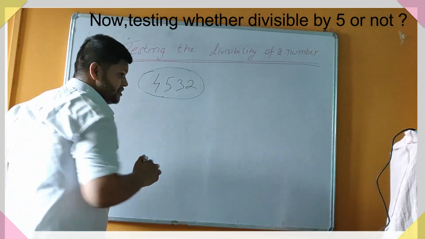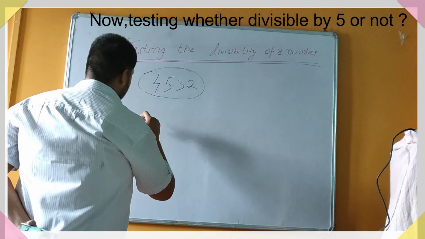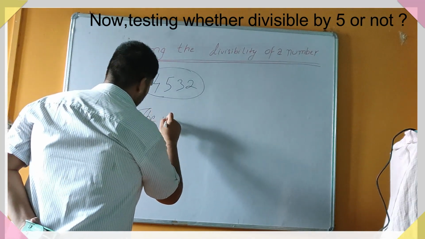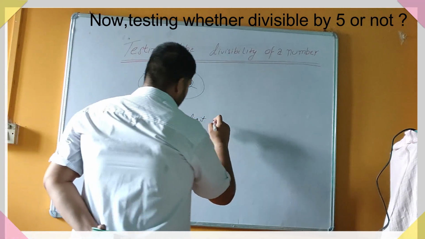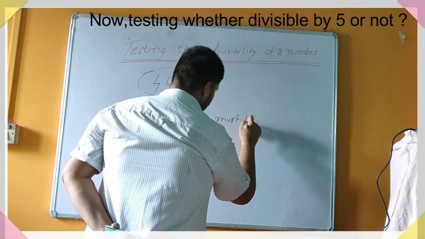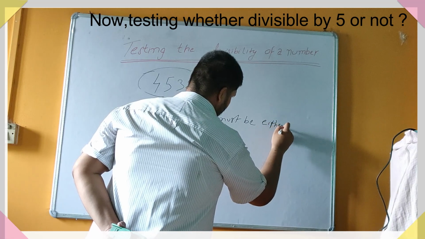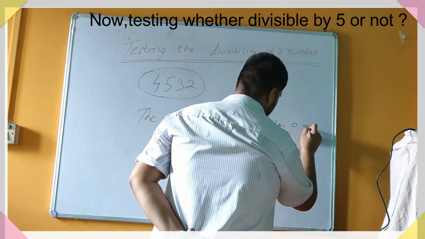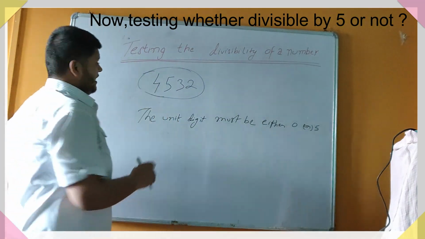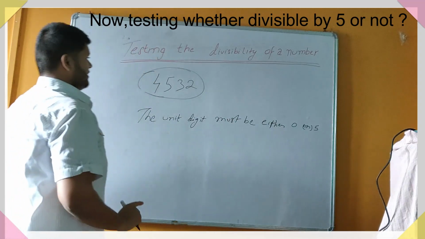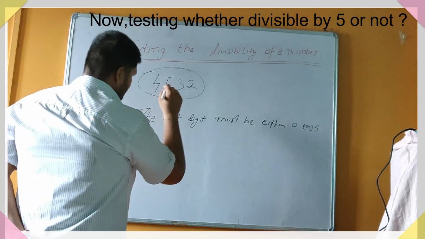The condition to check whether this whole number is divisible by 5 is that the unit digit must be either 0 or 5. If the unit digit in the given number is either 0 or 5, then we can conclude that this number is divisible by 5.